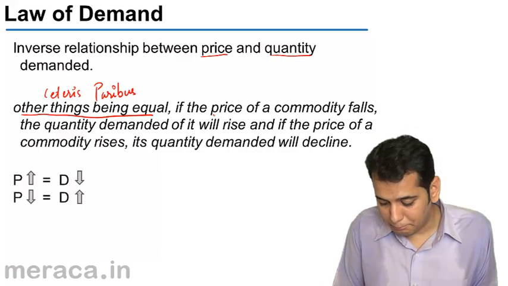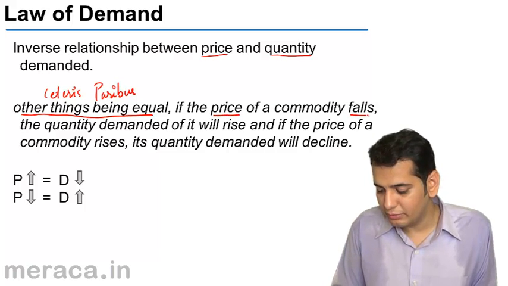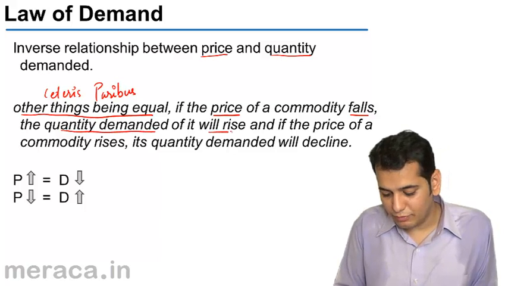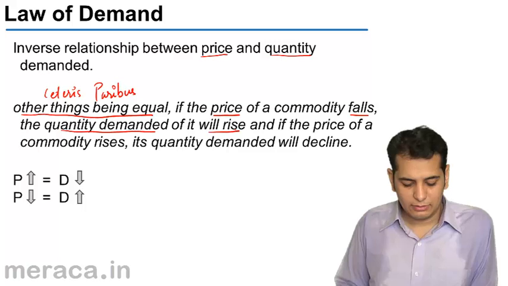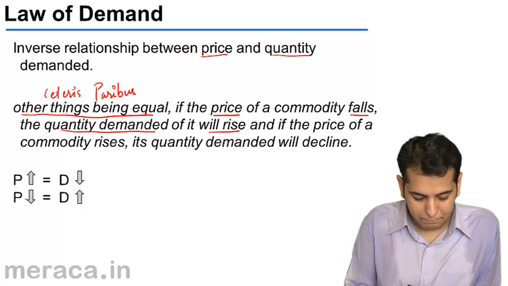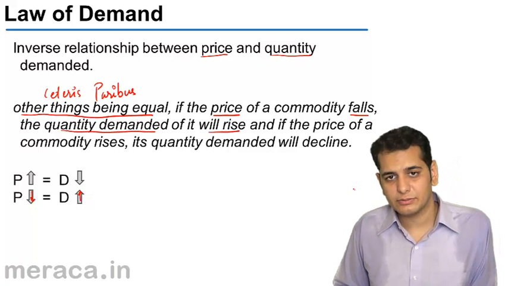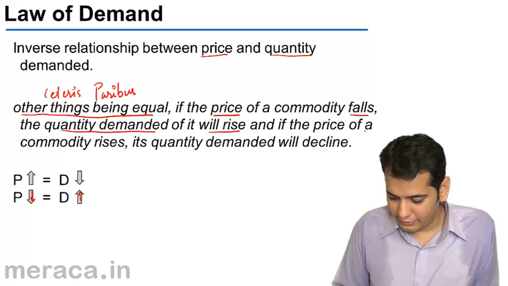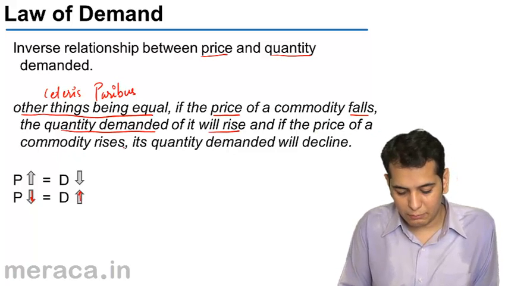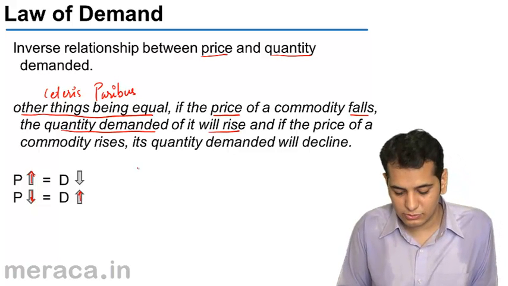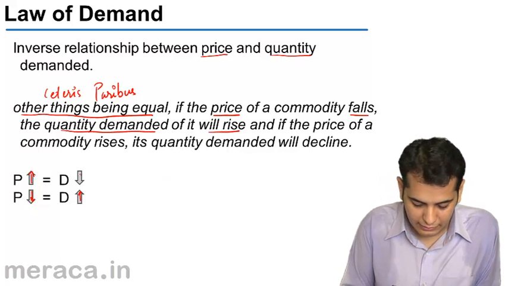It says that when the price of a commodity falls, the quantity demanded will rise. That is, when P will fall, the D will rise. Again, it says if the price of the commodity rises, when P rises, the quantity demanded will decline.